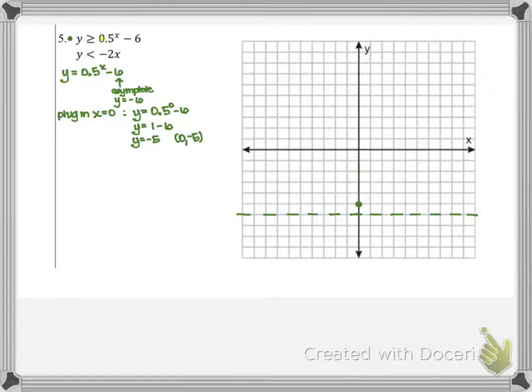So the number that the exponent belongs to in this case is 0.5. 0.5 we know is a half. A half is somewhere between 0 and 1. If the value is between 0 and 1, then that means that your y values are decreasing over time.